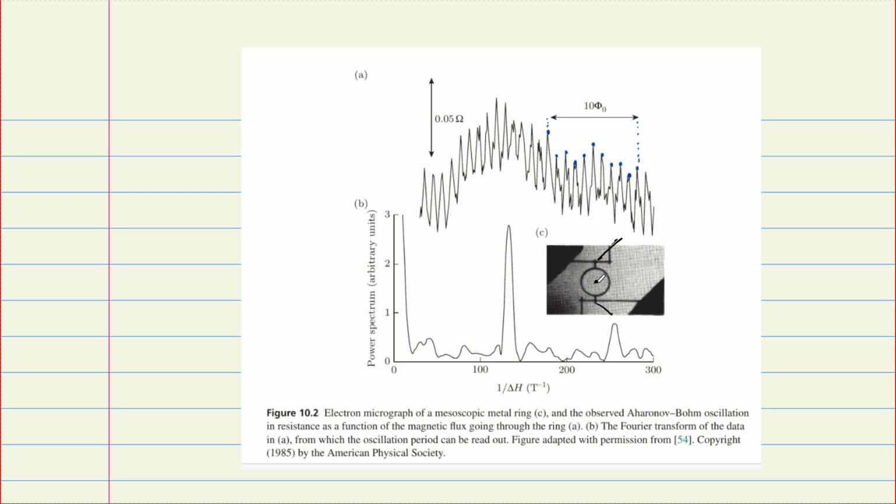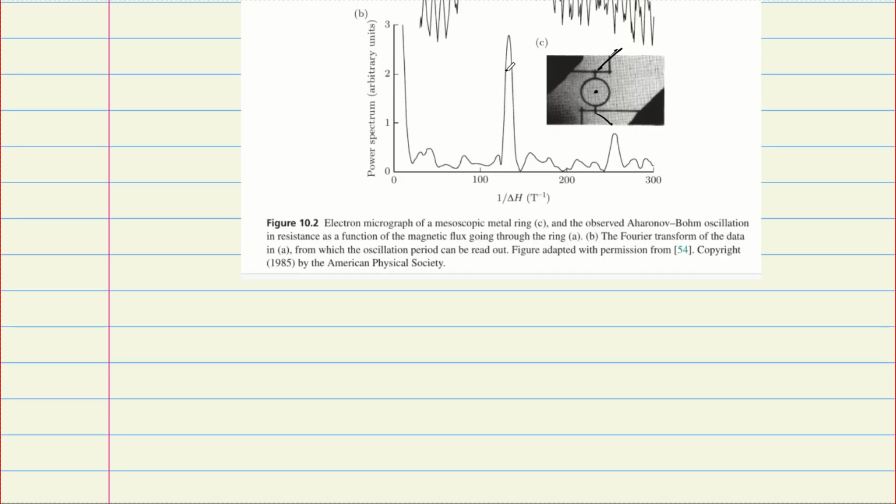But if they do that and put the flux, what they see is conductance G as a function of flux, and you can see there's an order of phi naught oscillation in the conductance as we anticipated. So this is what the Aharonov-Bohm effect is: oscillation of conductance with the flux trapped in the circuit.